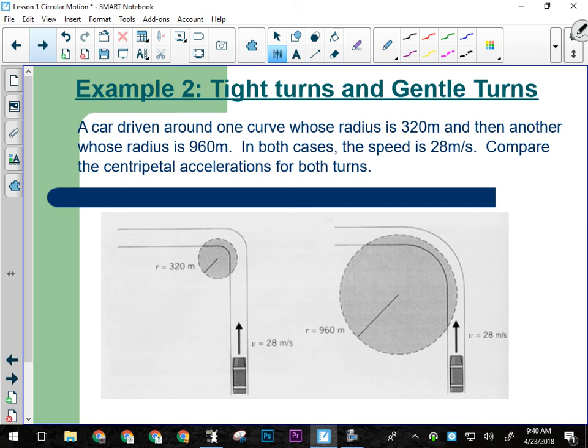All right, so let's say we want to figure out what the centripetal acceleration is for both of these cars. We know the formula, because we got it just a minute ago, is v squared over r. So the centripetal acceleration for the first corner is going to be 28 squared divided by 320.